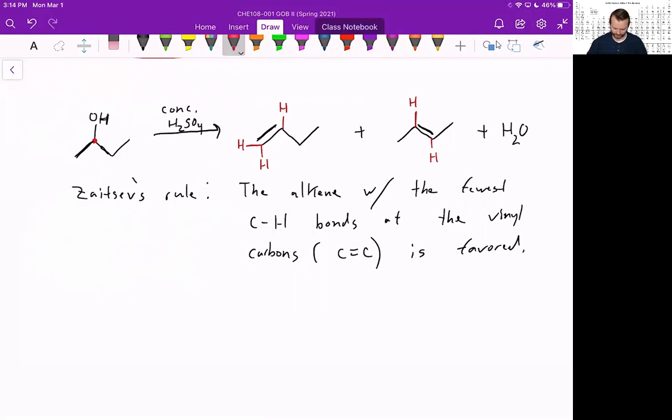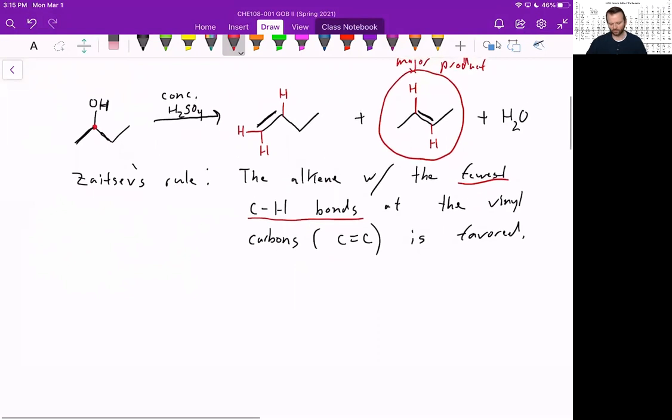So that is the major product of the reaction. There are fewer carbon-hydrogen bonds.